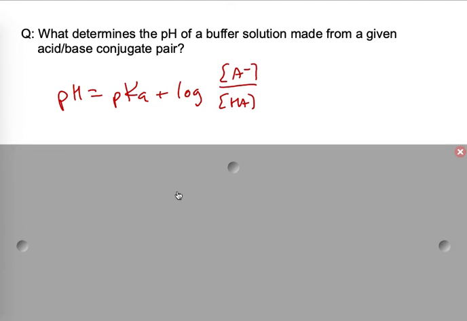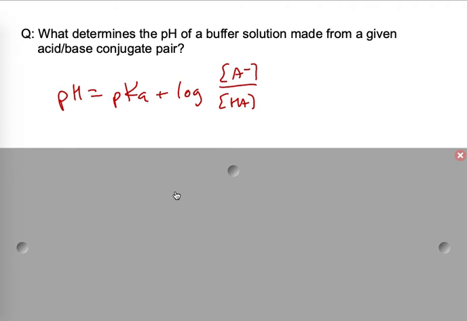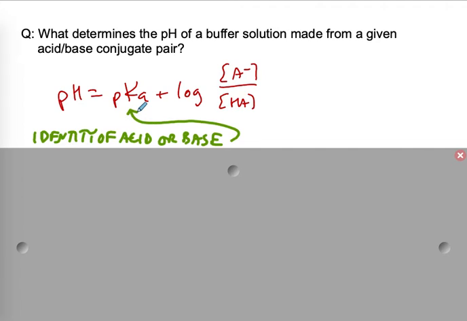So the two factors that determine the pH are basically shown right here. The identity of the acid or base determines the pKa, which is one of the factors that determines the pH. The other is the ratio of the concentrations. Those are the only two things that influence the pH of the buffer solution.